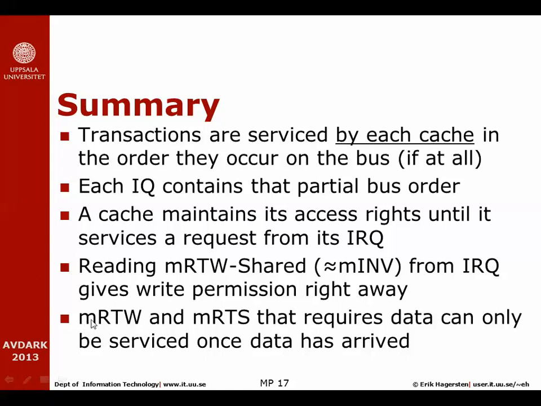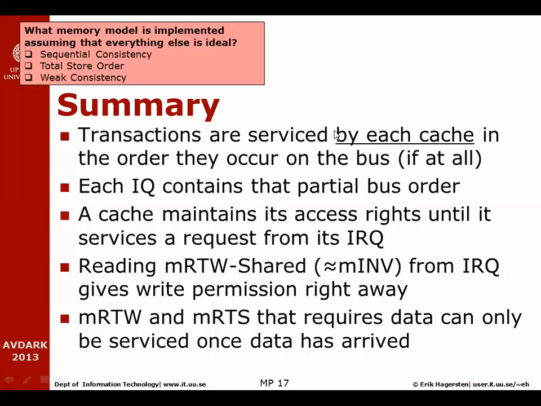But if you see your own read-to-write request and your read-to-share request where you didn't pull this magic shared line, that requires you to wait for the data until you can pop that. So you will not service that request until the data has arrived.